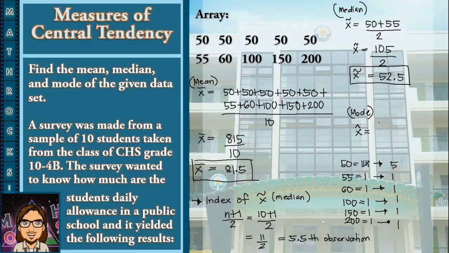So with that, your mode will be equal to 50. So this is the case when we can have a certain value for the mode.